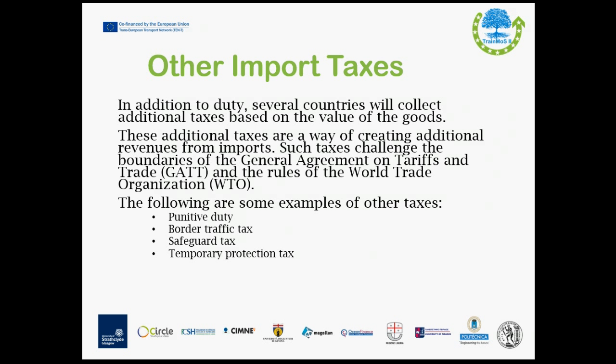Again, this comes from a very protective, so to speak, commercial past that most countries have. In the modern world nowadays, governments try to reduce these sorts of duties, if not abolish them altogether.